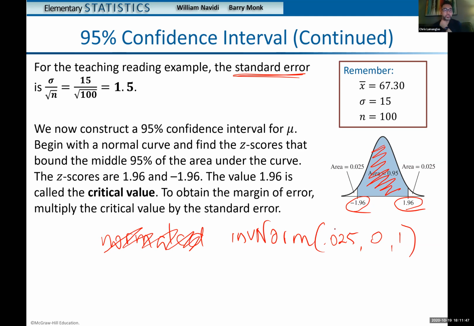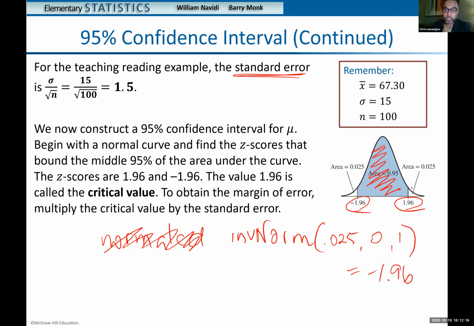But for those of you who use inverse norm with the options center, left, right, if you use center, you will be able to get these two answers, negative 1.96 and positive 1.96. So here, if you try this, you will be able to get negative 1.96.